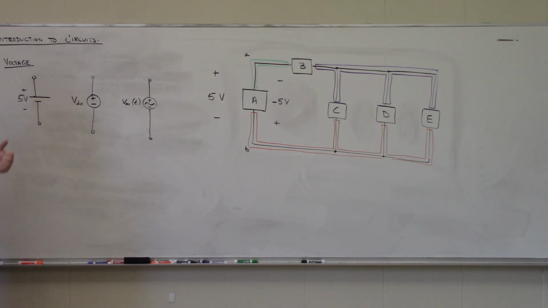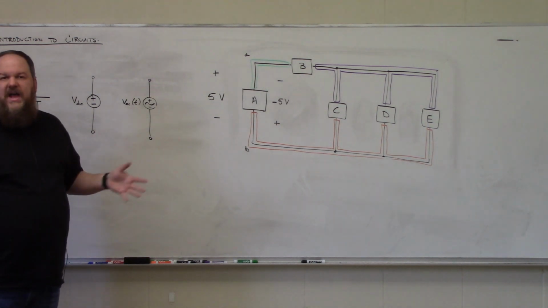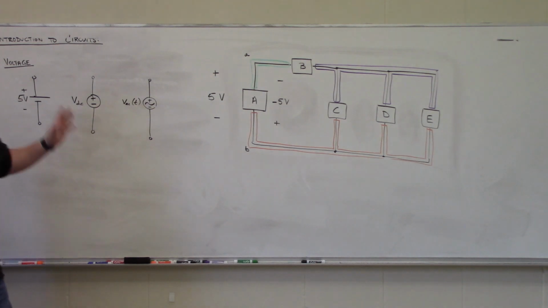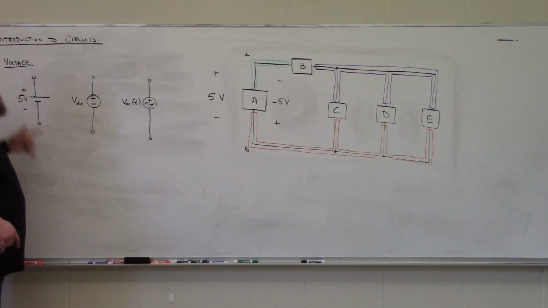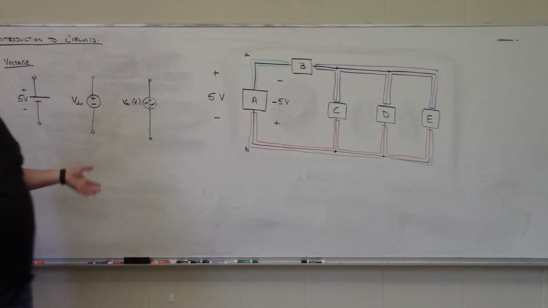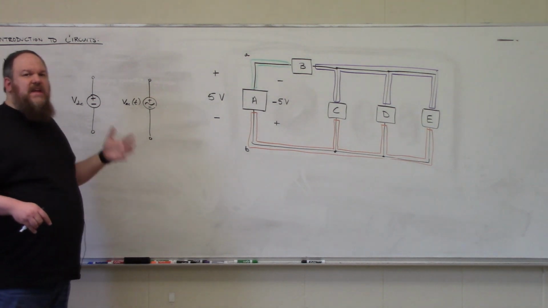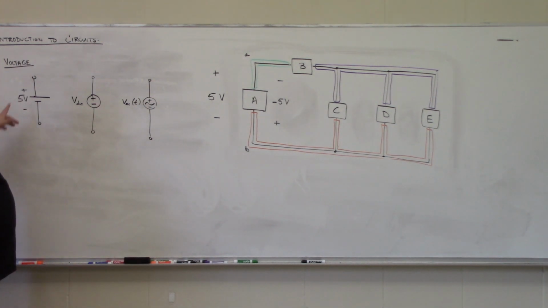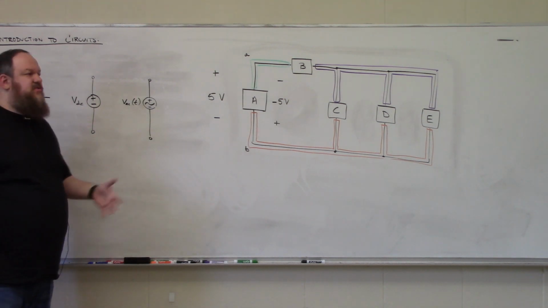So it doesn't matter if there's a resistor, capacitor, inductor, whatever circuit it's connected to, it is supplying 5 volts. And the amount of current that flows through it is not related in any way, shape, or form to the voltage drop over the source. So that's what it means to be an independent source.